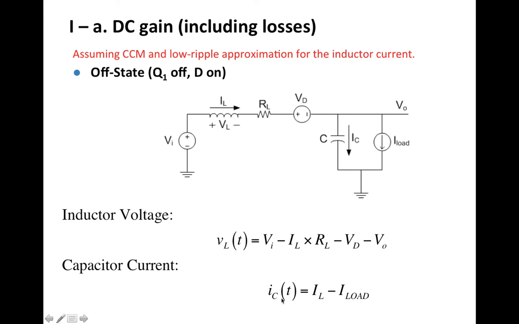And in this case, the current to the capacitor is the difference between the current coming in from the inductor and the current drawn by the load, which means IL minus I load.